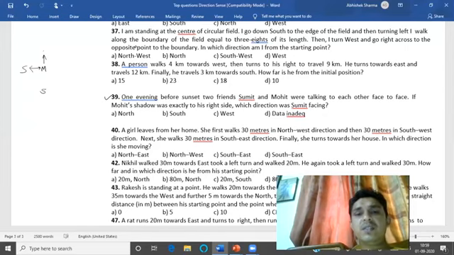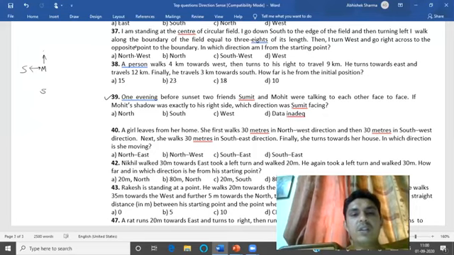Which direction was Sumit facing? So Sumit was facing toward east direction. No, there is something missing. Like the question is, one evening before sunset, two friends Sumit and Mohit were talking to each other face to face. If Mohit's shadow was exactly to his right, which direction was Sumit facing?